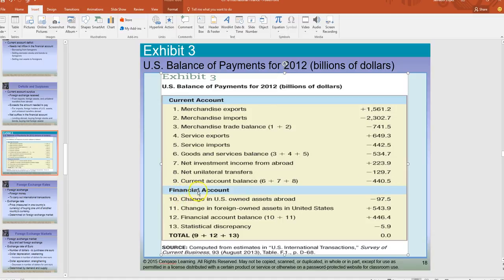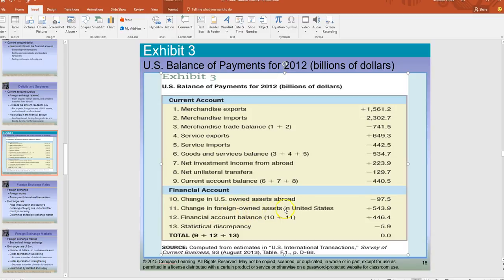Now the next account is the financial account, also called the capital account. This one measures the amount of money that we pay to purchase assets and the amount of money that we receive from foreigners when they purchase our assets. So we have here a change in U.S. owned assets abroad, negative 97.5.